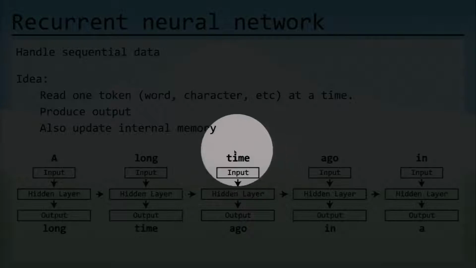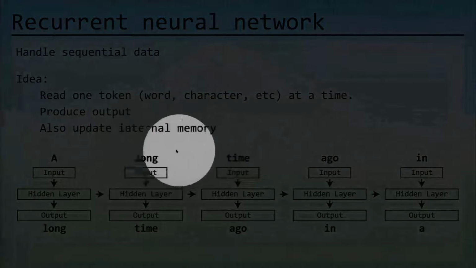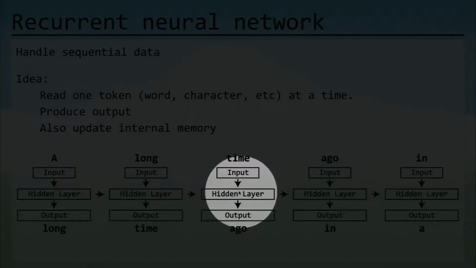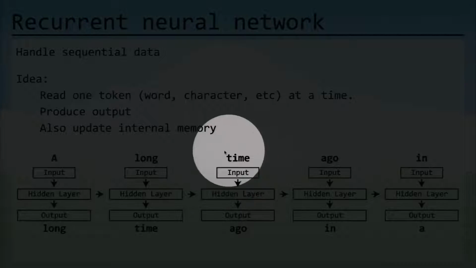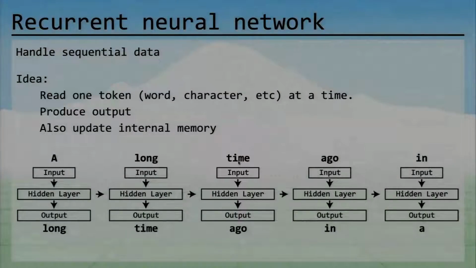Instead of just thinking of time as, for example, a verb, one sense of the word time is to time how long something takes. Because we have this word long that comes before, we have some state that exists in our memory. And when we forward propagate that here, we can hopefully resolve the ambiguity between this word time being the verb or the noun.